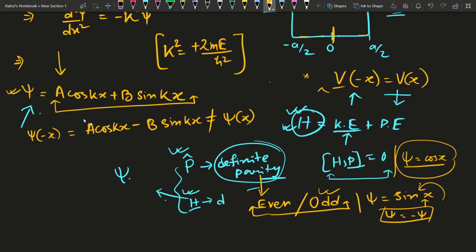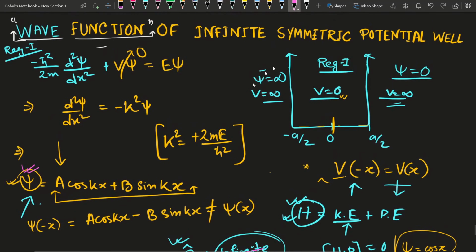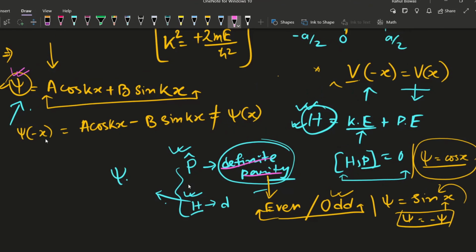That means this wave function is not even or odd. That means this wave function does not have a definite parity. So this wave function cannot be a wave function of this symmetric potential well.